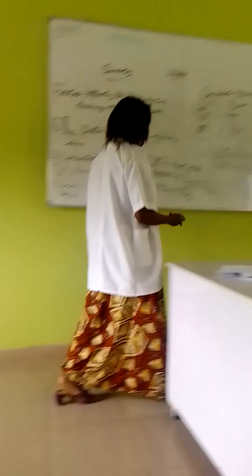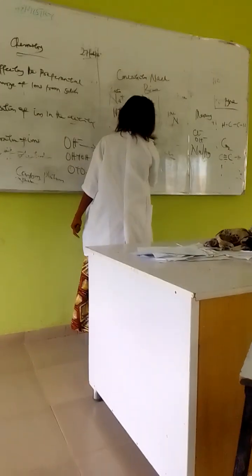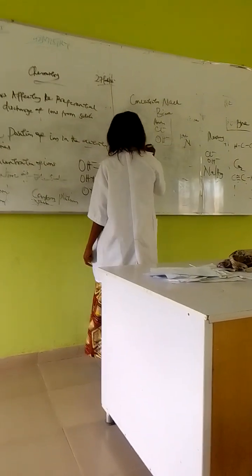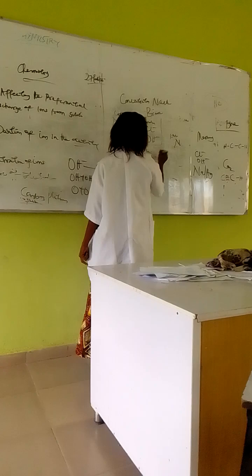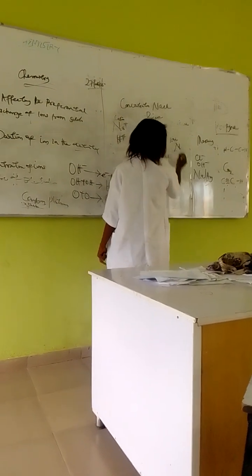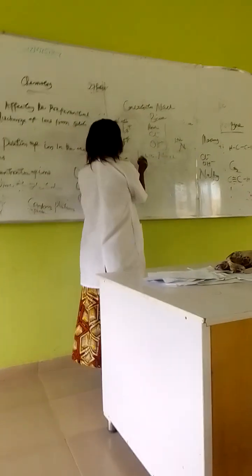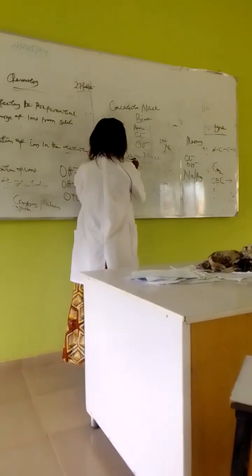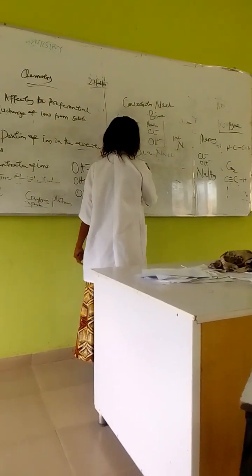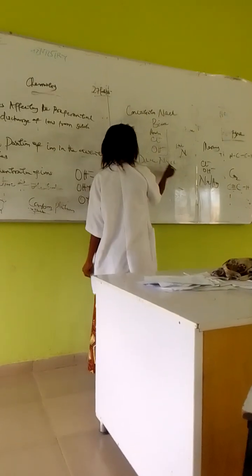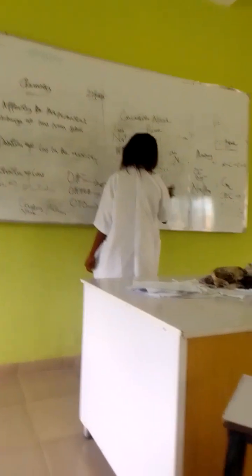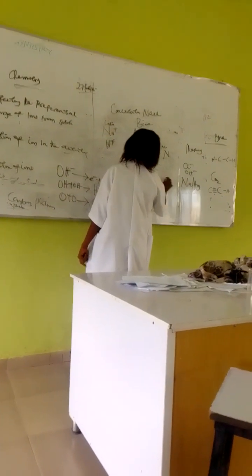Now again, assuming I'm asked to conduct the electrolysis of dilute sodium chloride using mercury electrode. Now at the cation section, I'm supposed to have sodium ion and hydrogen ion. And at the anion section, I'm supposed to have chloride ion and hydroxide ion.